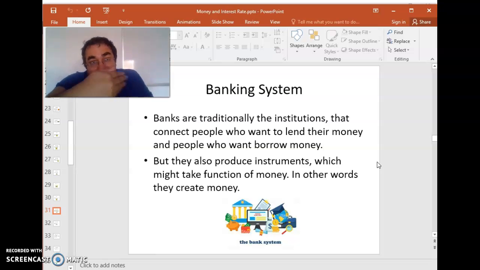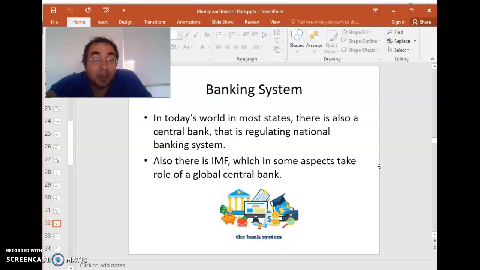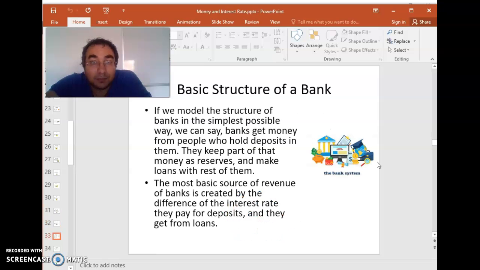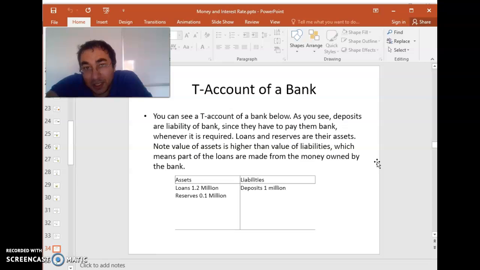So they increase the money supply above the base money amount. So how do they do that? They cannot print their own money. The amount of fiat money will be the same, fixed. This is what we will see in a minute.